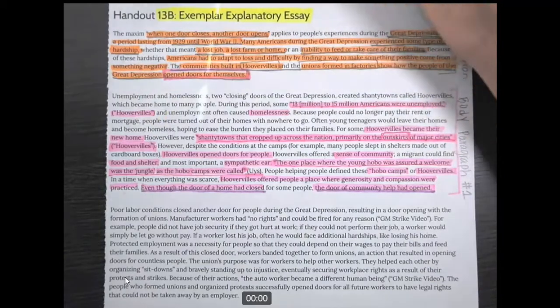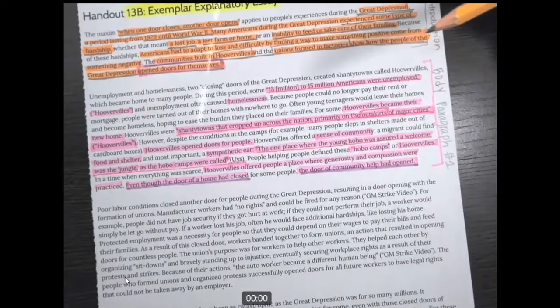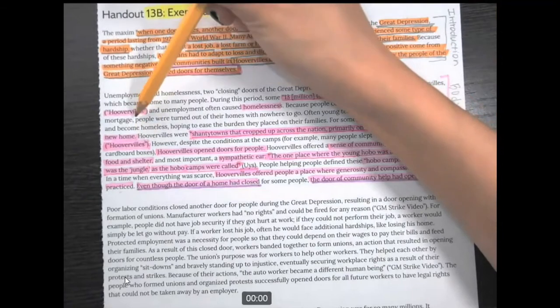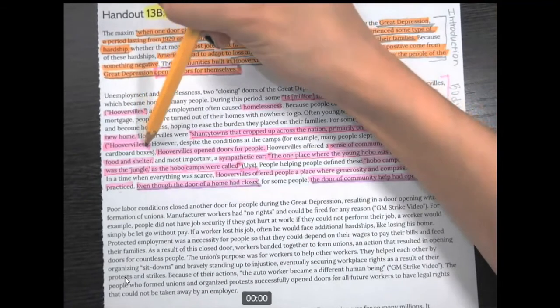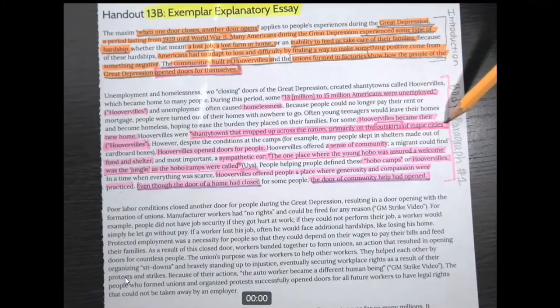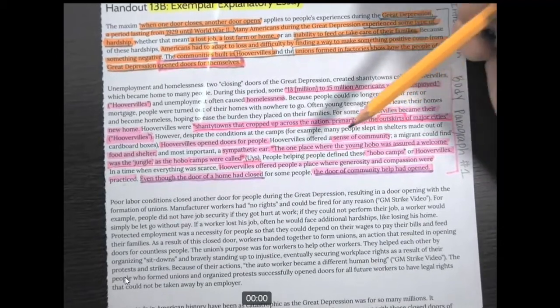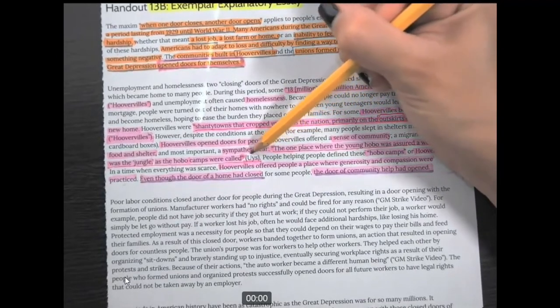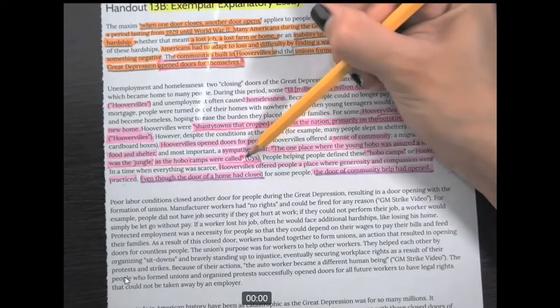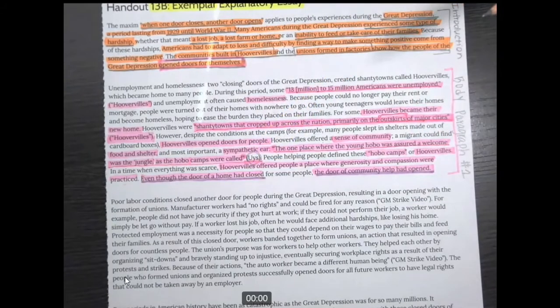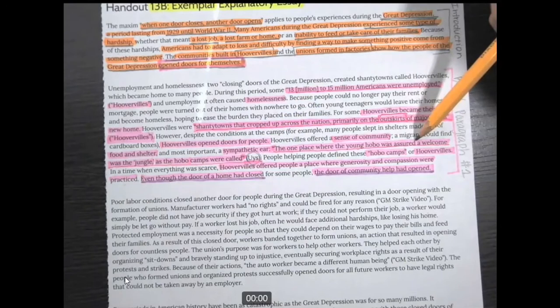We had another quote talking about what Hoovervilles were or what they were called or where they were located, again in the Hoovervilles article. So we went ahead and made sure that we had both of our citations, because citations always go right behind our evidence. That is where we're getting our information from. And then not only that, but we had another quote that is coming from another article, which is talking about what they called these places.